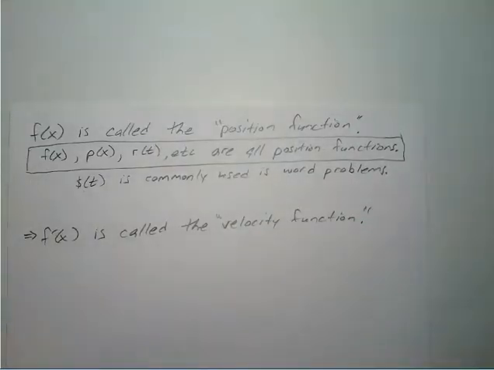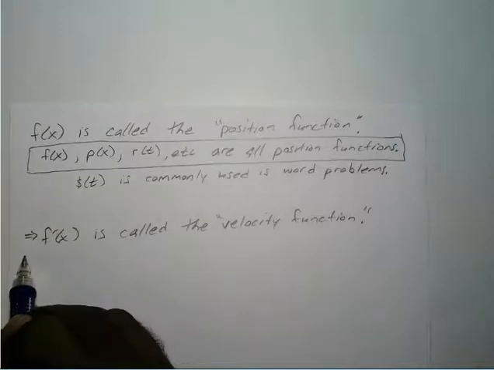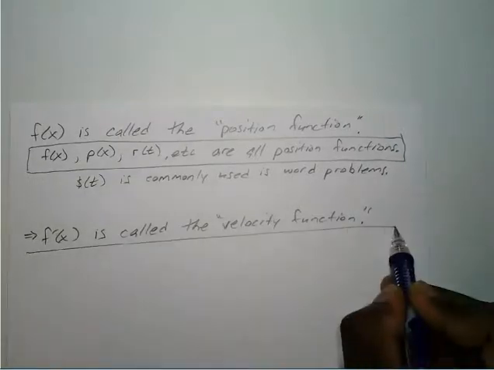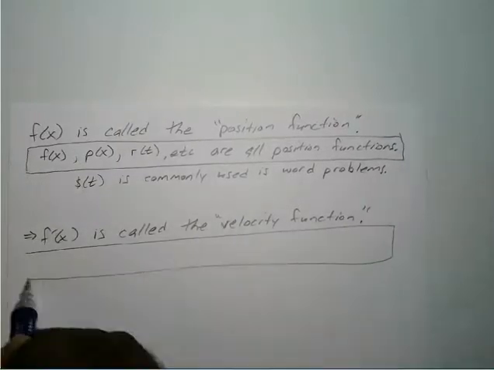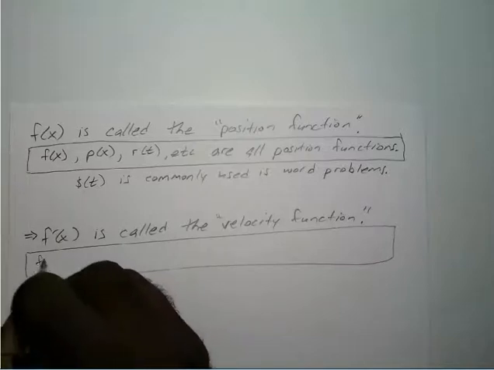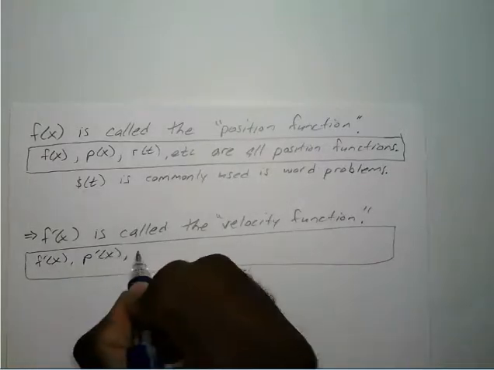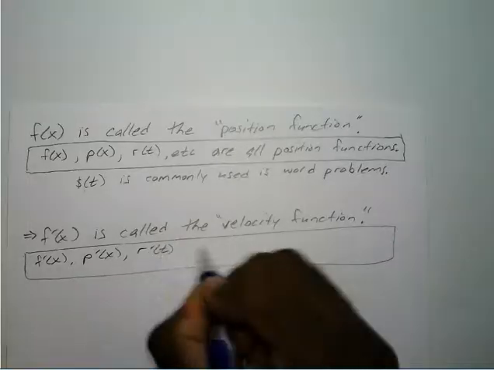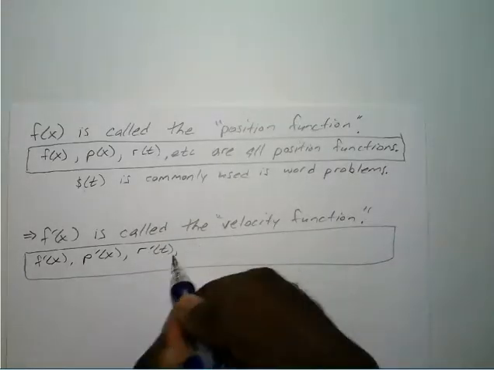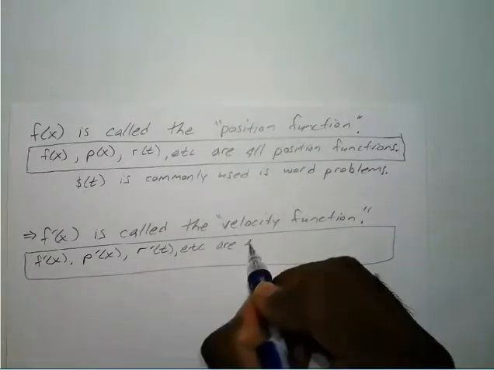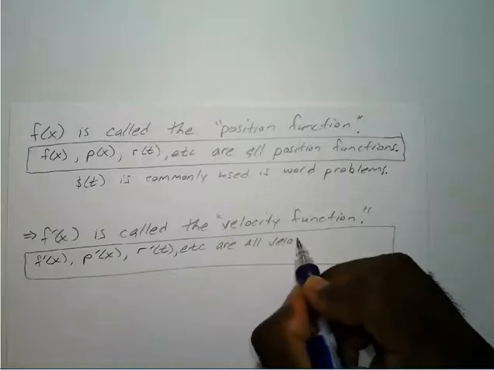And literally your velocity function is the first derivative of whatever your position function happens to be. So it could be f prime of x. It could be p prime of x. It could be r prime of t. These are all velocity functions.